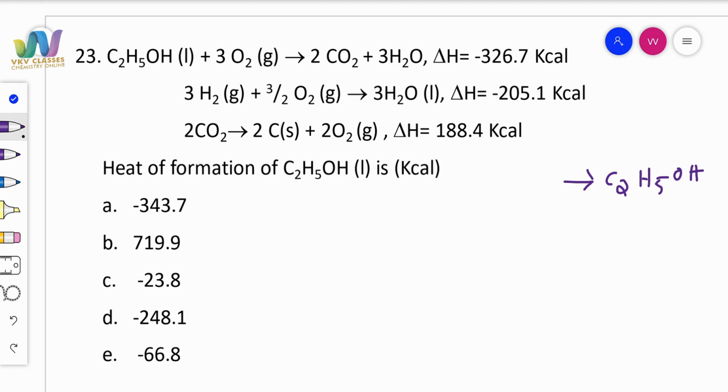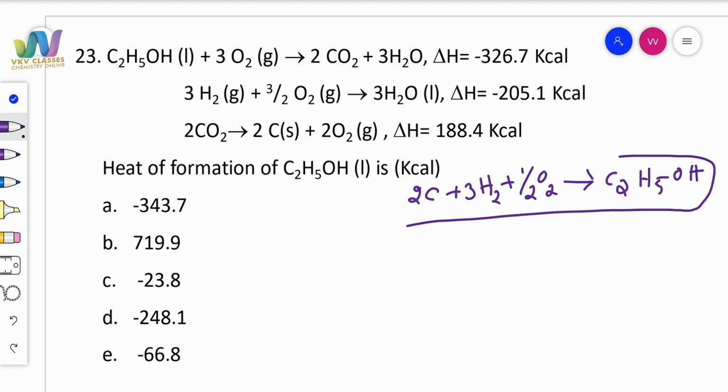C2H5OH. There are 2 atoms of carbon, so you need 2 carbon. Totally there are 6 hydrogens, so you need 3 hydrogens plus half a molecule of oxygen. So this equation has to be obtained from the given 3 equations.